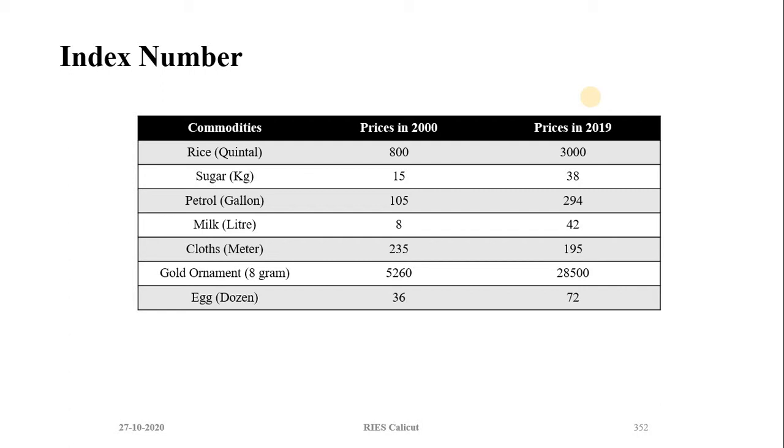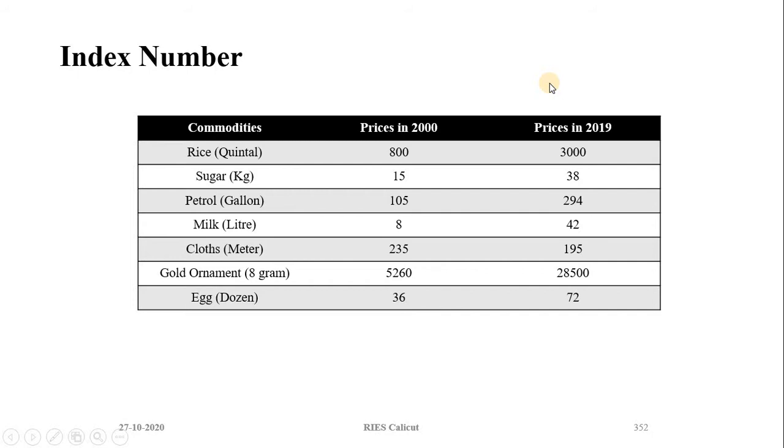Whether the price has increased or decreased, we can only say on the basis of comparison, compared to the 2000 year prices, whether the prices in 2019 have increased or decreased.